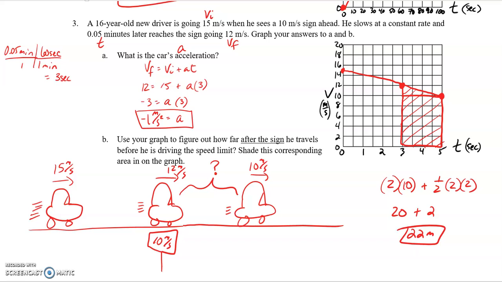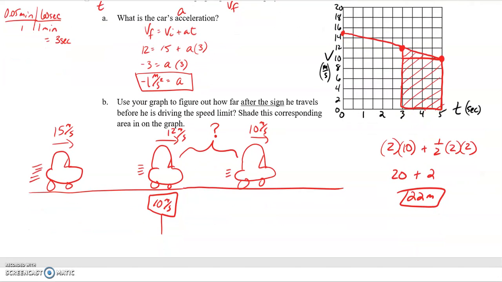Now, if you didn't want to use the graph and you just wanted to use an equation, you could have done delta x equals VIT plus 1/2 AT squared. If you're looking for the displacement, initial velocity at the sign is 12. The time after the sign that he's going to be at the correct speed is 2 seconds later, plus 1/2, and our acceleration from part A was -1, and 2 squared.